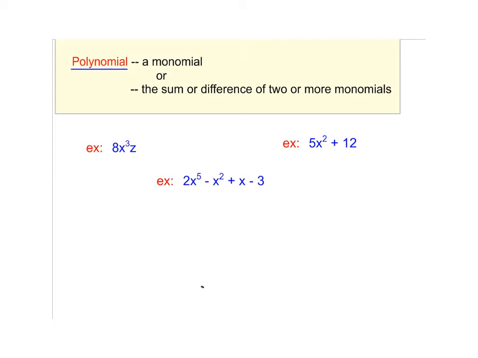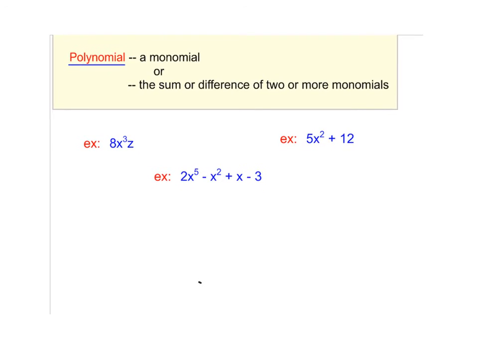So now we're going to look at what a polynomial is. A polynomial is a monomial, or the sum or difference of two or more monomials. If we look here at 8x cubed z, we can see it is a monomial. Here we see a monomial being added with a monomial, and that makes this a binomial.